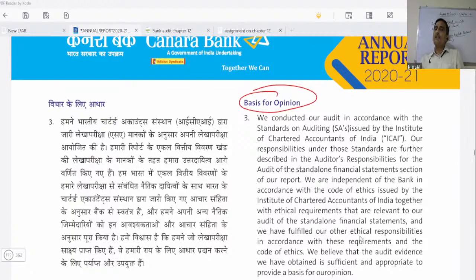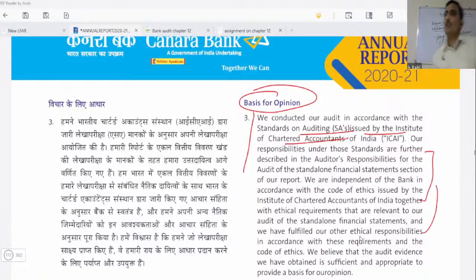So guys, you are studying the chapter on audit of banks, but simultaneously we are also refreshing our chapter on audit report, because this is the audit report of a bank and the format of audit report you have studied in your chapter on audit report. So the same things: that the audit has been conducted in accordance with the SAs, what the auditor's responsibilities are, and that the audit has been conducted independently in accordance with the code of ethics.